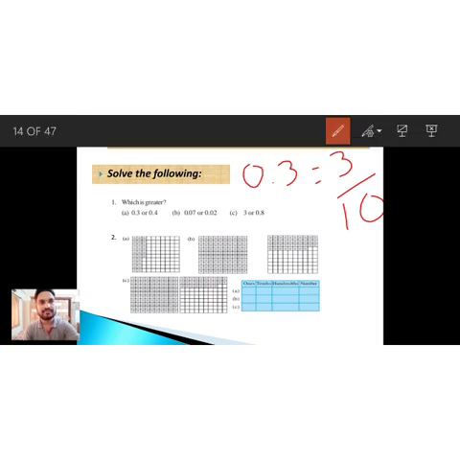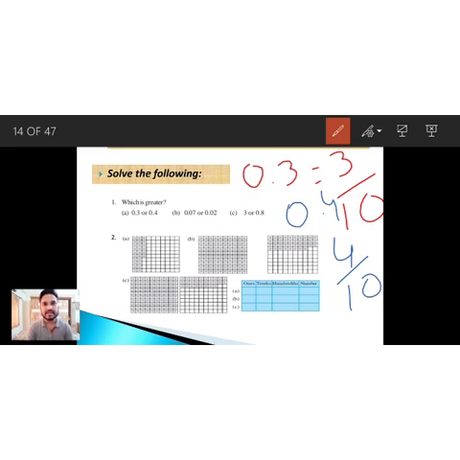For 0.4, which means 4 upon 10. Here 4 is bigger compared to 3. Therefore, between 0.3 and 0.4, 0.4 is the greater number. In the same way, you have to do B and C.